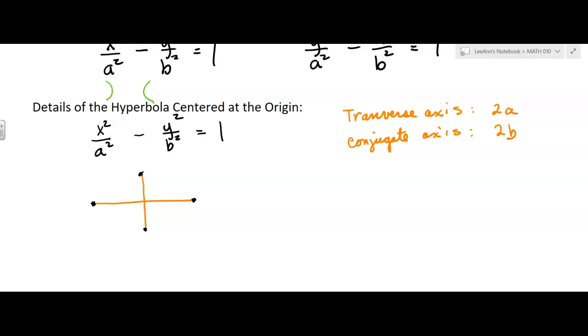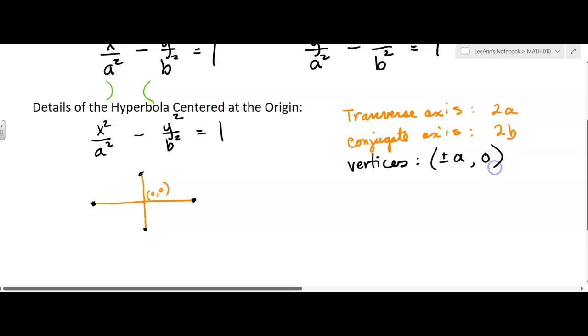Okay, the center is the origin right here. I'll just put that in because we said we were centered at the origin. Let's see, what else did I want to say on this? Oh, the vertices. So the vertices for this kind are plus or minus a comma 0. The co-vertices are 0 plus or minus b.